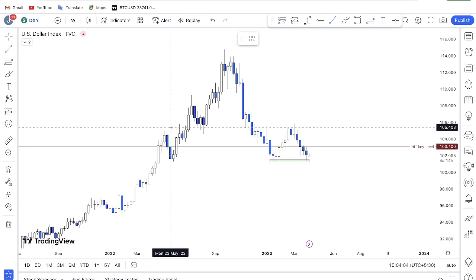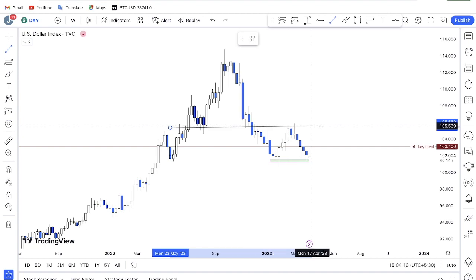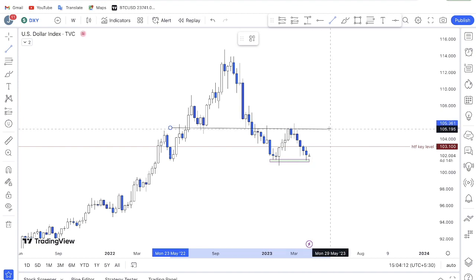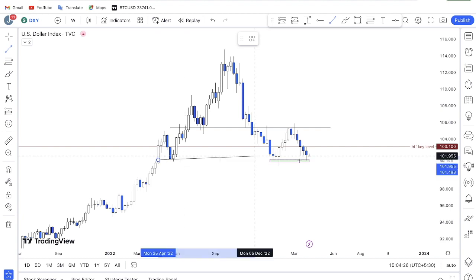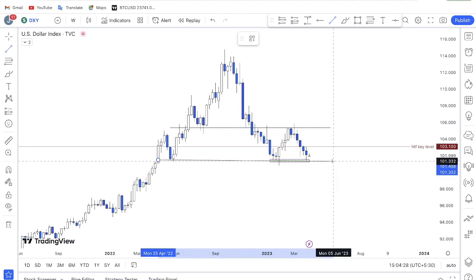The level I can see here that is clear to me is this level here, and I'll tell you the reason why I think this level is our level on the weekly chart. This level here and this here. So this is another level on the weekly chart.